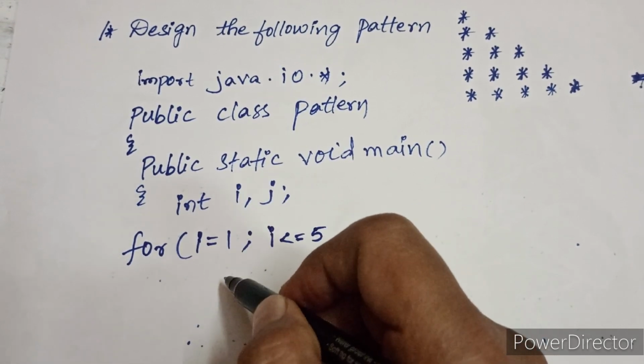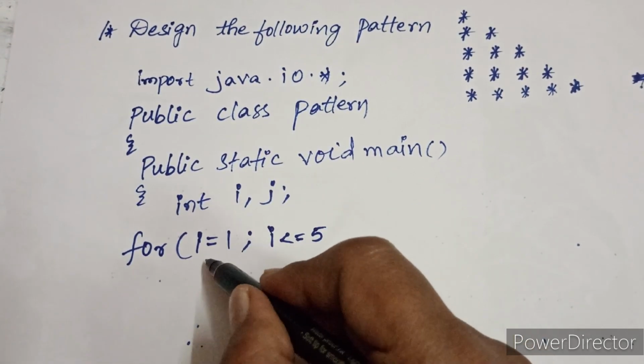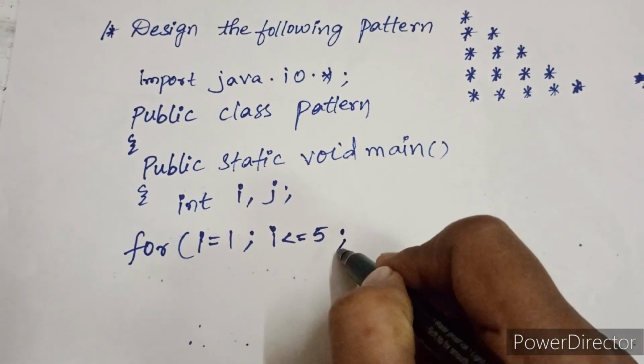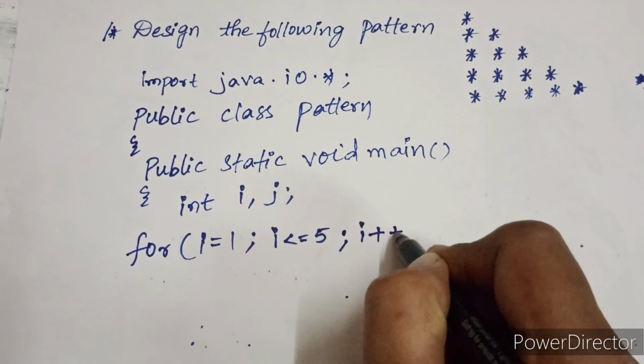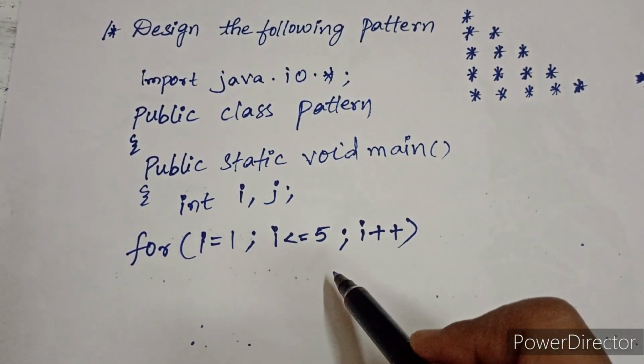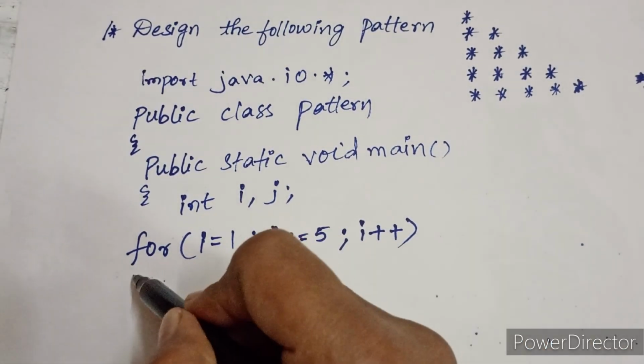Every looping concept must contain three things: initial value, condition and update statement.